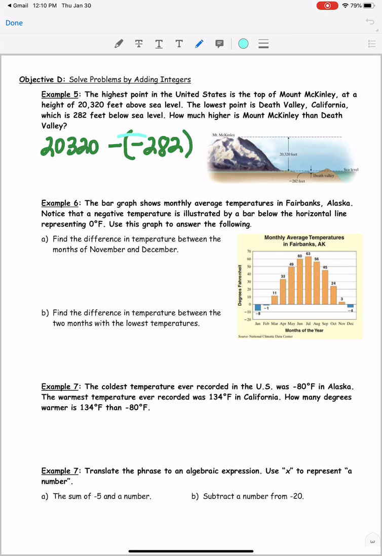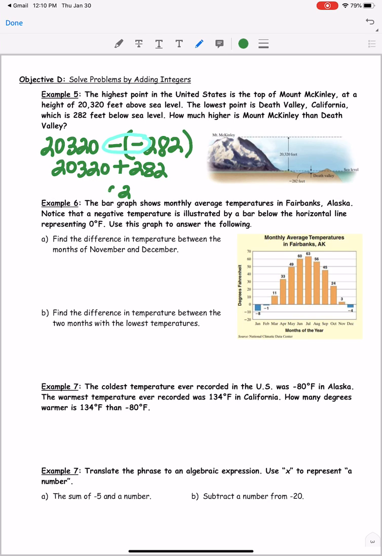So this double negative here does end up turning into a plus. So we have 20,320 plus 282. Add those together. 0 and 2 is 2. 2 and 8 is 10.